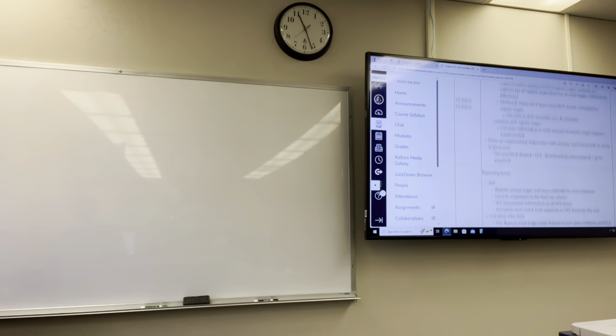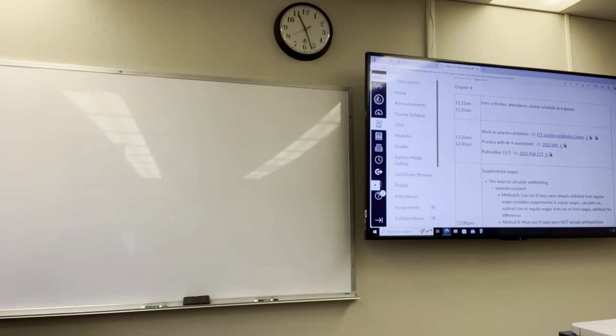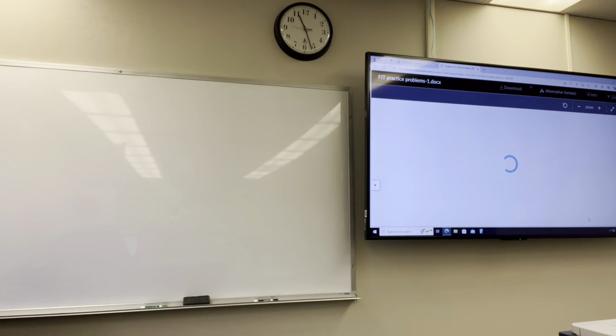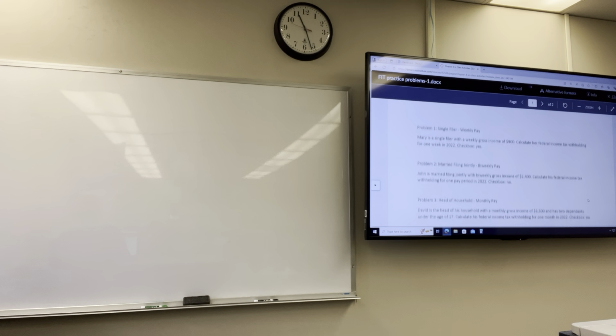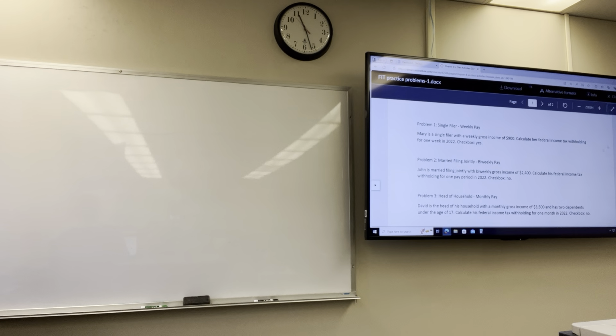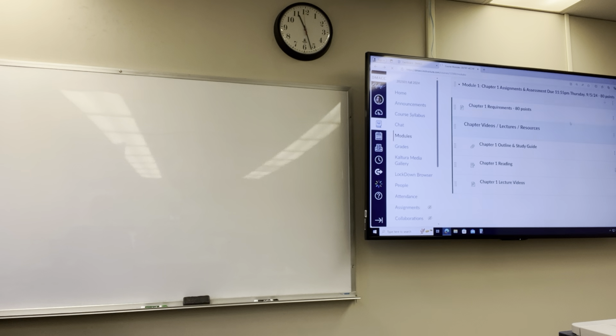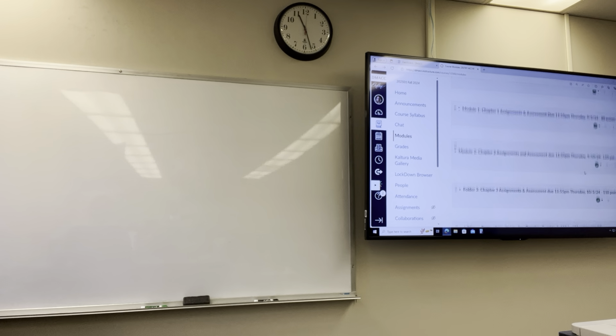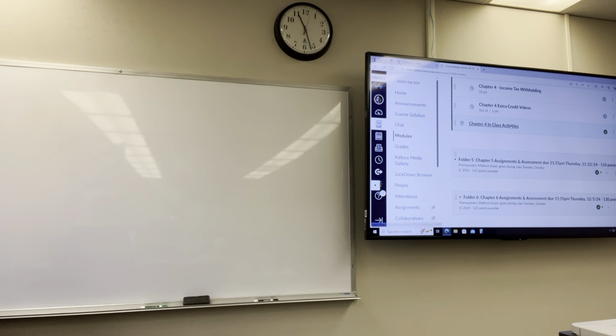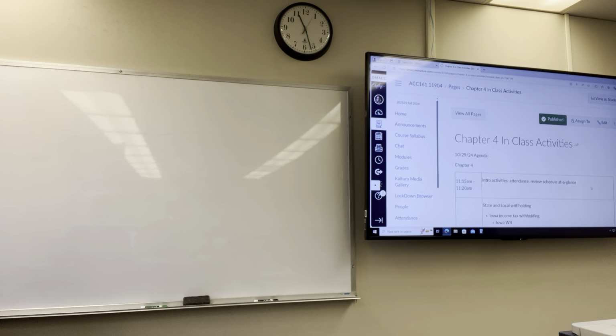Any questions before we get started here? Looking at these practice problems. If you want to go in, hopefully you've worked on them. If you haven't, well, you're going to work on them now. Actually, how do we get in there again? So this is in the, what's it called? Hold on a second. The in-class activities, chapter 4 in-class activities. That's where the agendas are.